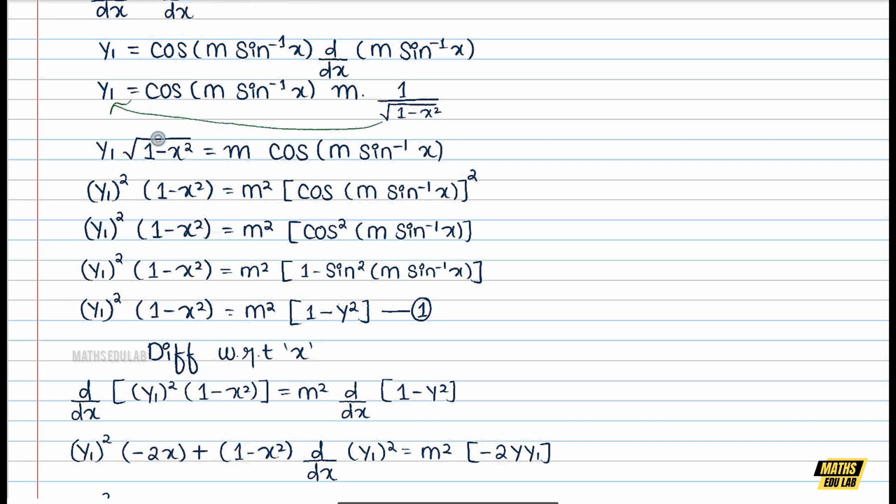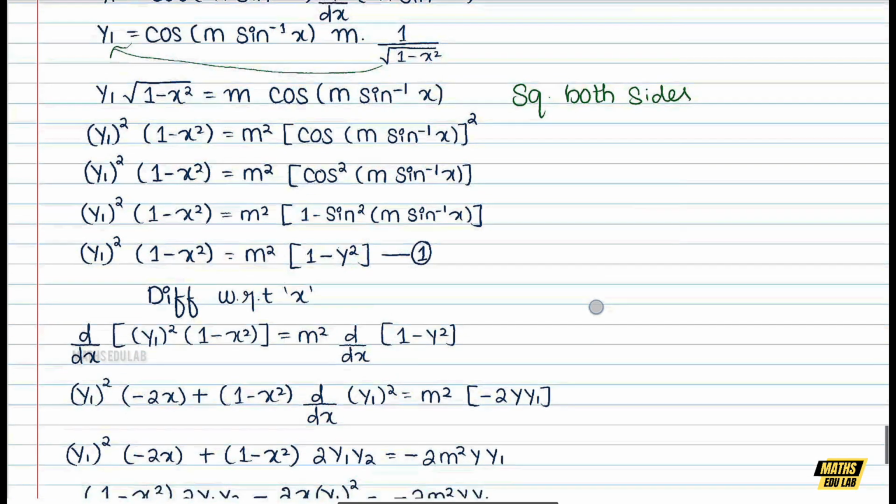To remove the root, we will square both sides. On squaring both sides, it will be written as y1 whole square into 1 minus x square is equal to m square cos m sine inverse of x whole square.